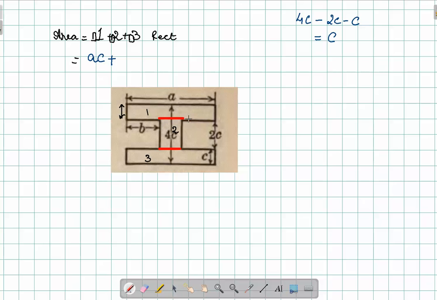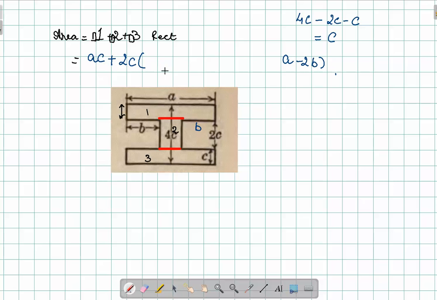Now I have this second part. The length is 2C and the breadth is not given, but we know that this breadth is B. As they are both symmetrical, we can safely assume that this breadth is also B, so it will become 2C into the complete length A minus 2B.